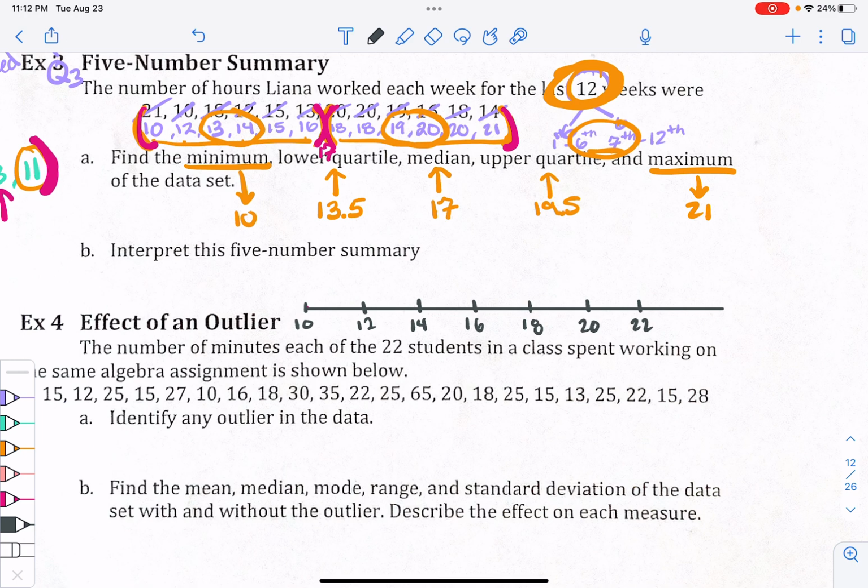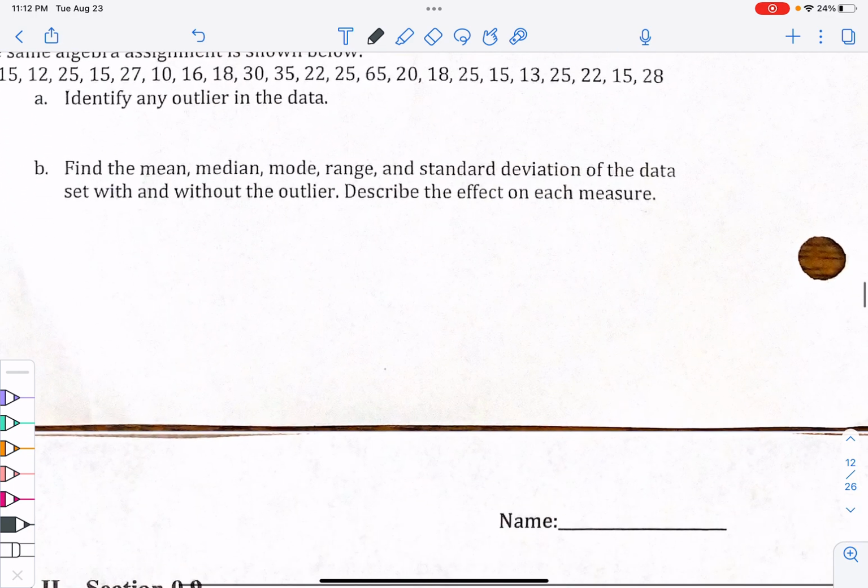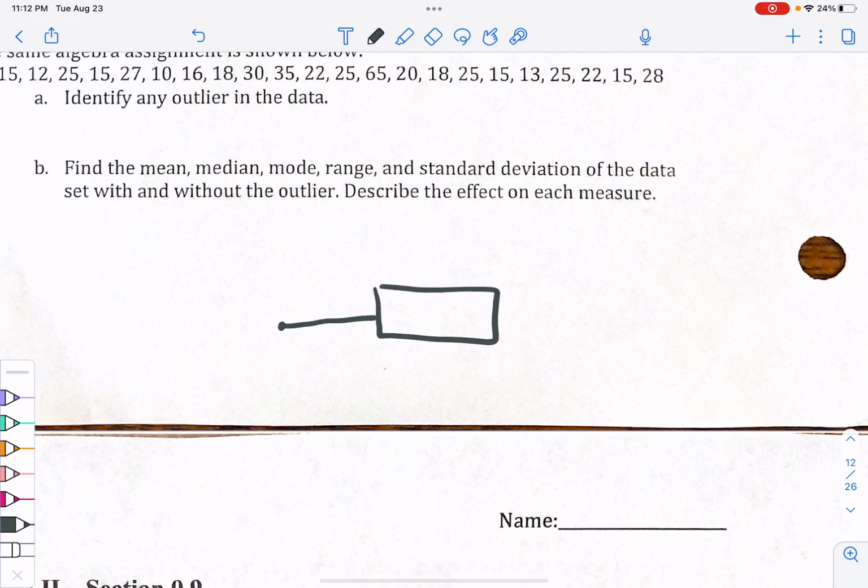I make this number line at the bottom so that this doesn't happen. This is my favorite thing when I have kids that make box and whisker plots. I'll have box and whisker plots that literally look like this. A lot of times your box and whisker plots are symmetric, but I'll have like 2 here, and then I'll have like 90 and 95 and 99 and 100 for my numbers for each one of those.